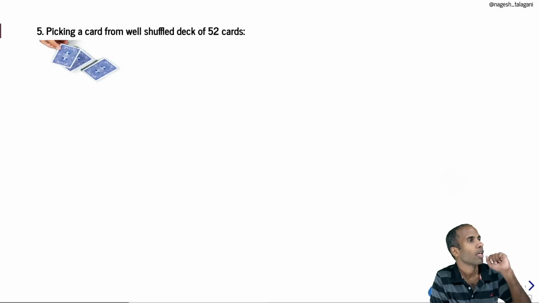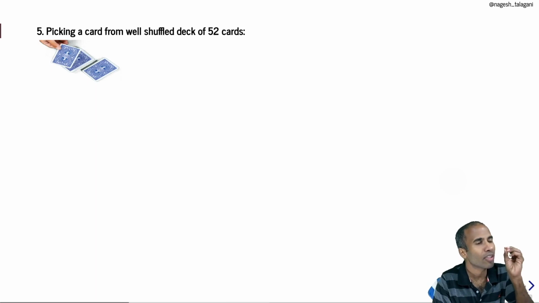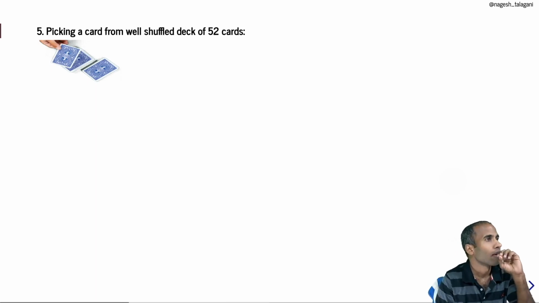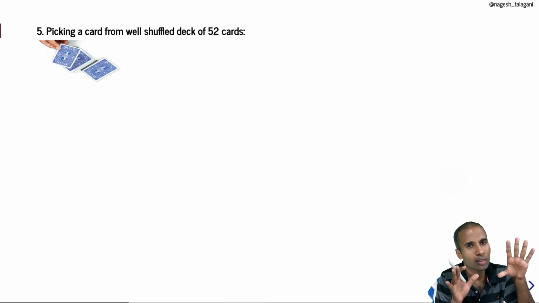Next, picking a card from a well-shuffled pack of 52 cards. You should know something about cards. There will be 52 cards, 13 ranks, 4 suits.